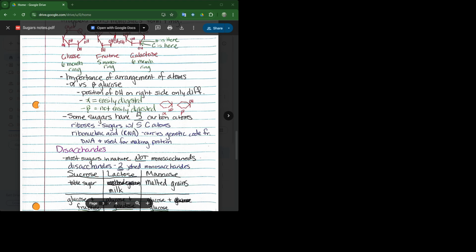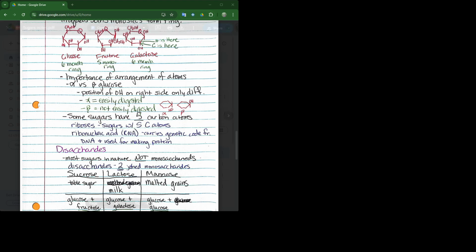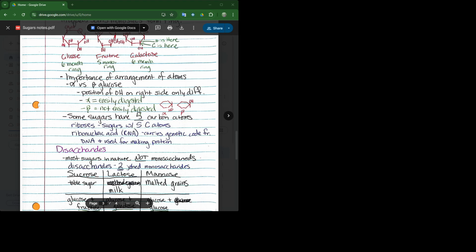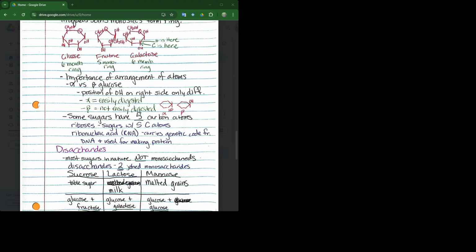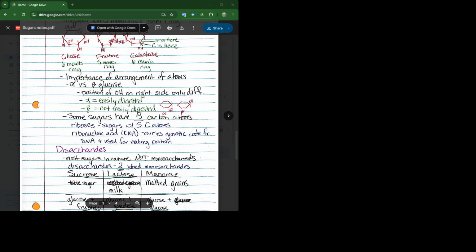The body uses them as basic building blocks for ribonucleic acid, RNA. RNA carries the genetic code from DNA and is used for making protein. Okay, so here the important point is some sugars have 5. Everything we've talked about before has 6 carbon atoms. Some have 5, and these are called riboses. So I write that keyword in definition. And riboses are used for ribonucleic acid. So I write that definition.